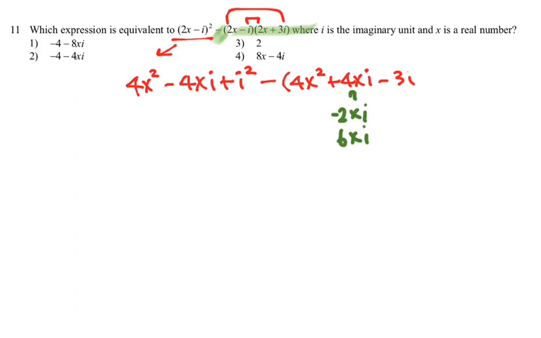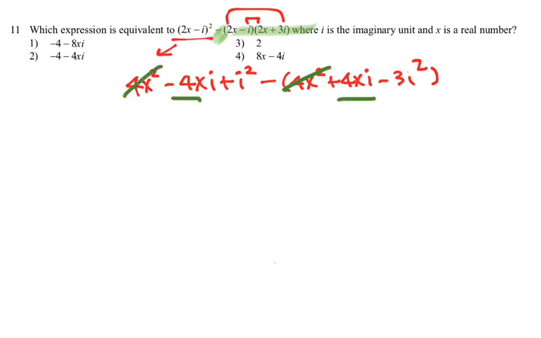When you combine them together, we get 4xi. Alright, and then negative i times 3i becomes negative i squared. And then we can simplify that. The 4x squares cancel out.